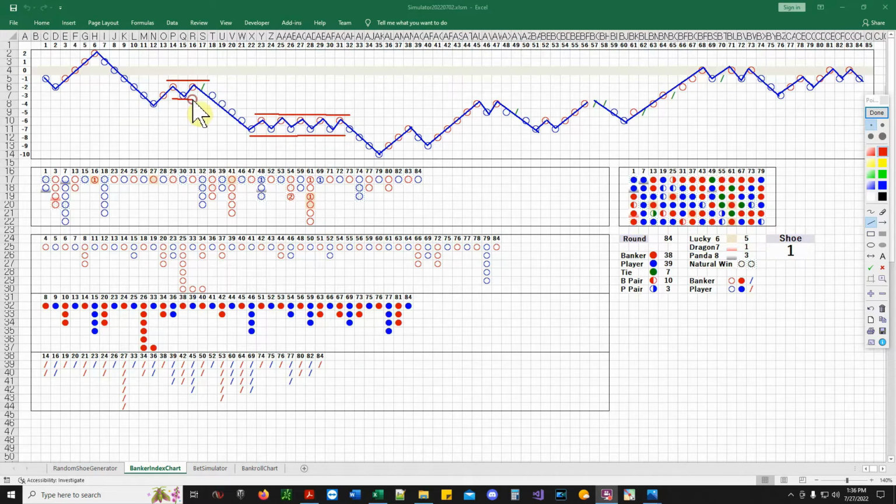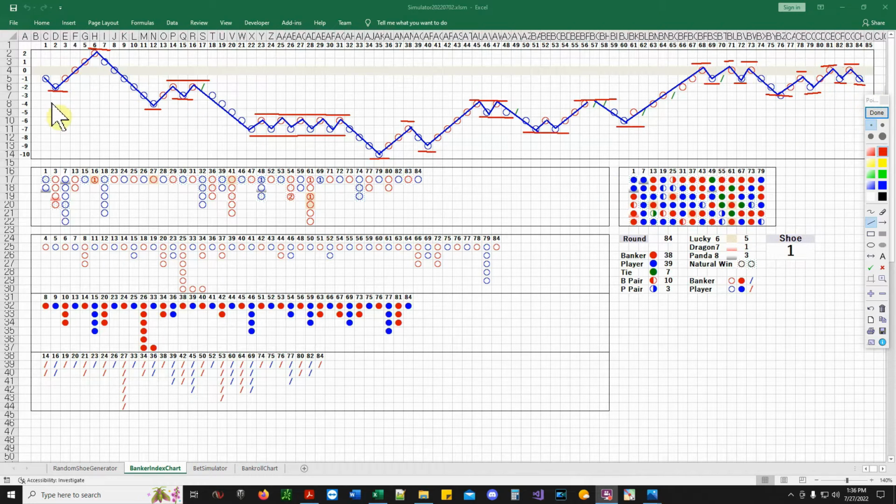Resistance, support, support, resistance, support, support. It just helps you train your eye to see areas of support and resistance. Wherever there's a pivot, that's usually where your areas of support and resistance are. You get the idea.